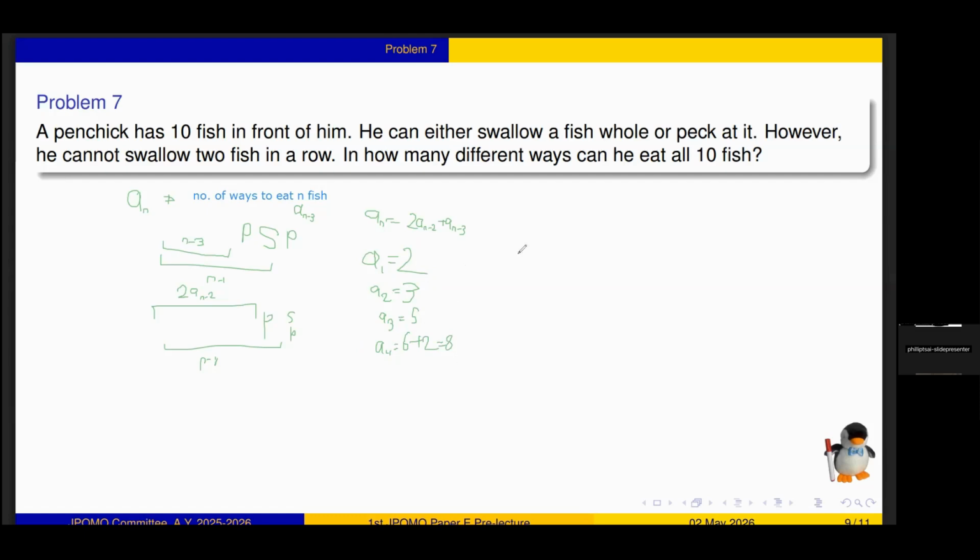And similarly, for A sub 5, you can do the same thing, where it's 2 times 5 plus 3, which is 13. And this follows the Fibonacci sequence, actually, because they are fundamentally identical. Yeah, you can check.